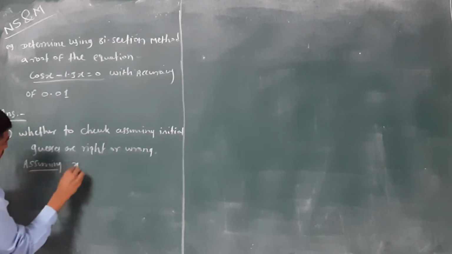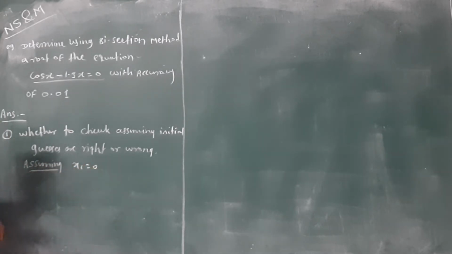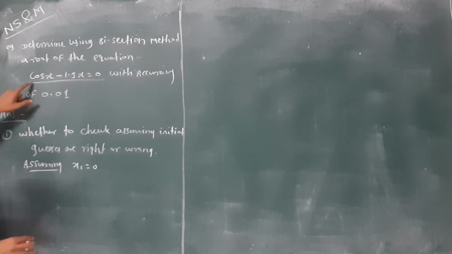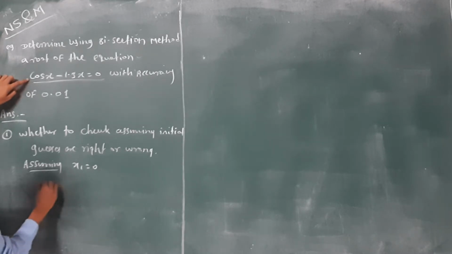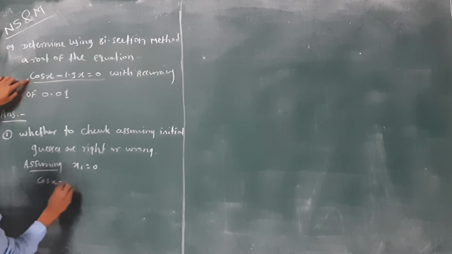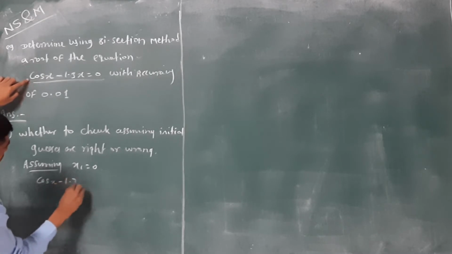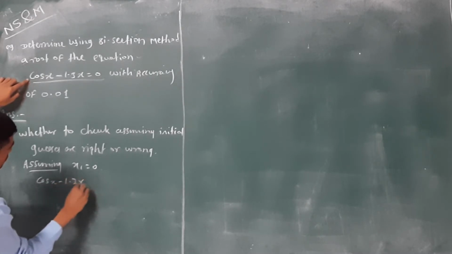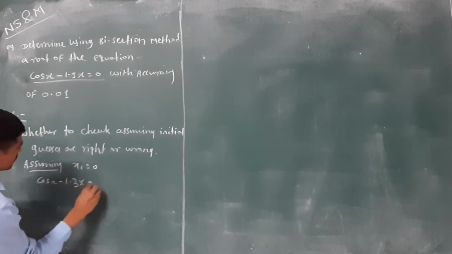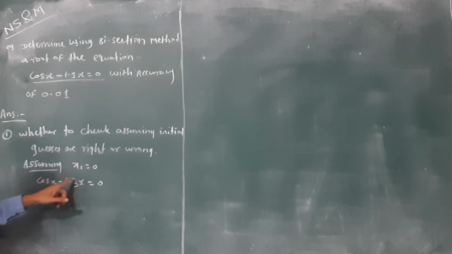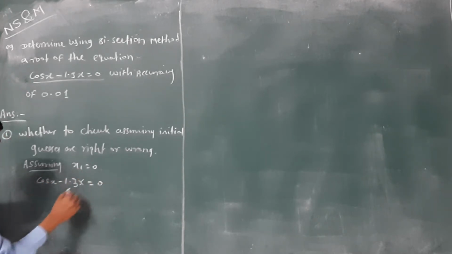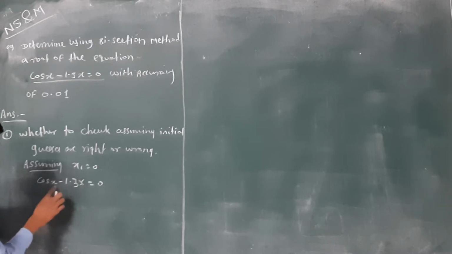First, for the root of the equation, I will assume x1 is equal to 0. And I will put that value in the given equation. What is the equation? Cos x minus 1.3x is equal to 0. I will put x1 is equal to 0.